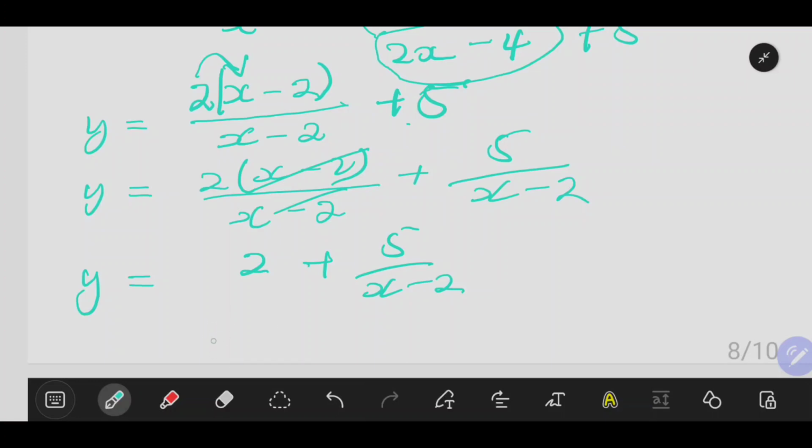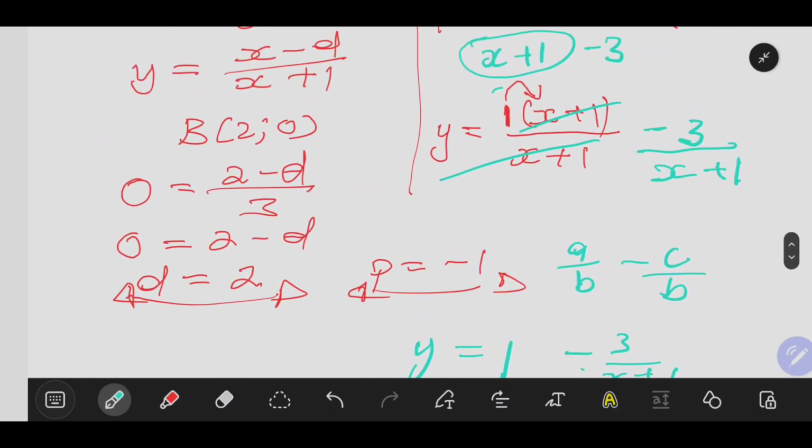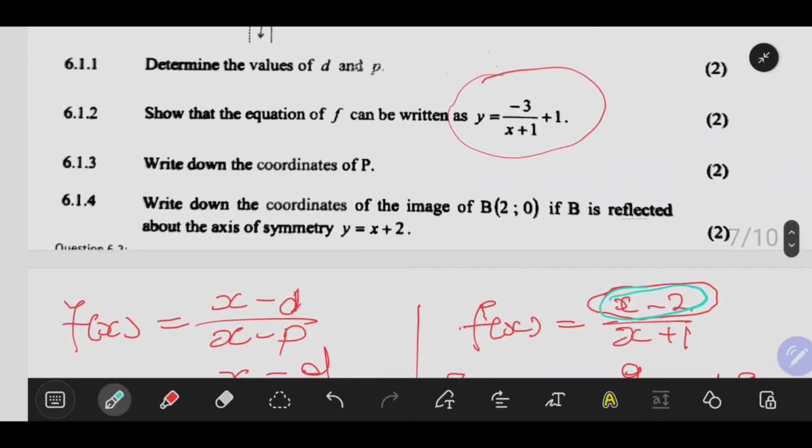Then when you put it in standard form, it's going to be 5 over x minus 2 plus 2. Then this way it's written in the form of a over x minus p plus q. I hope it makes sense. I hope you understand how we change the form of this hyperbolic function.